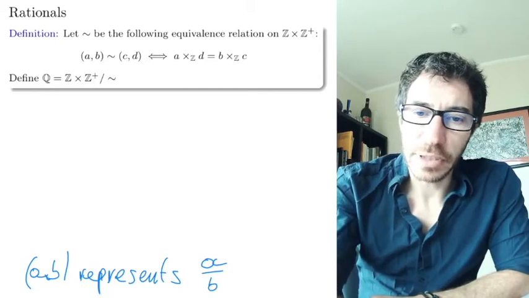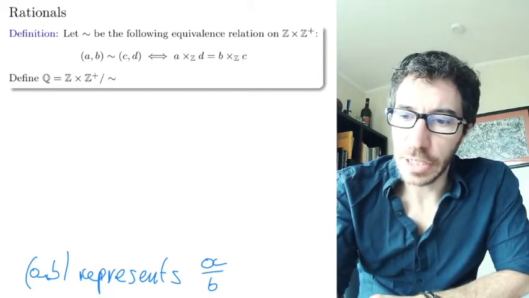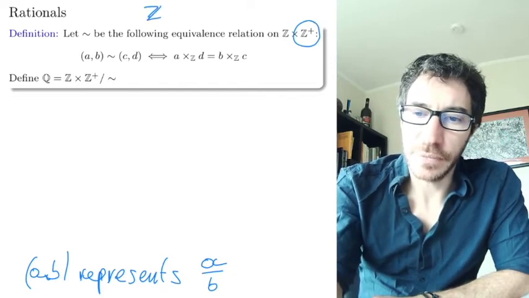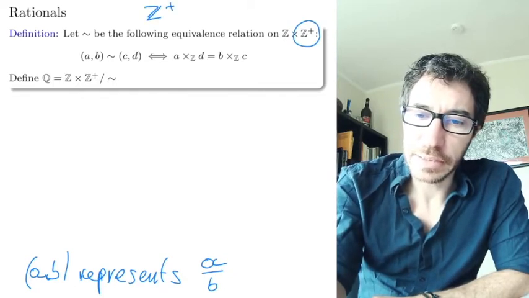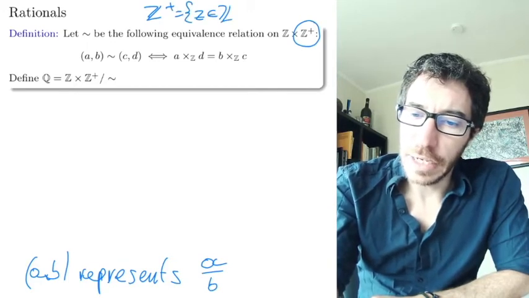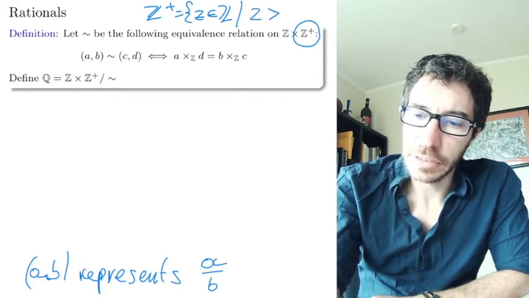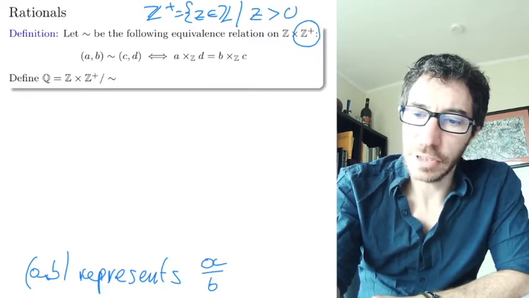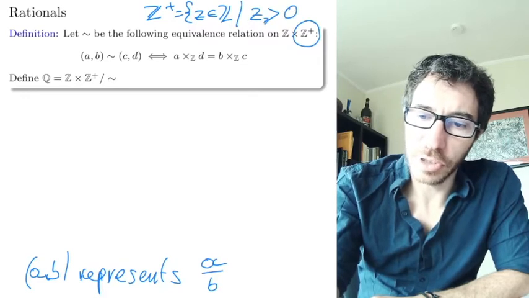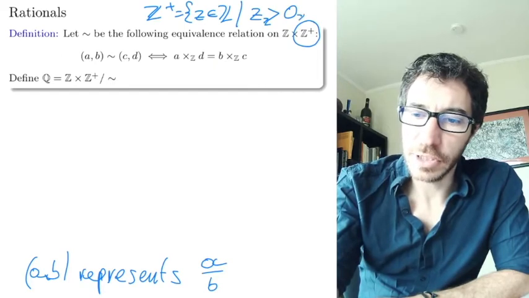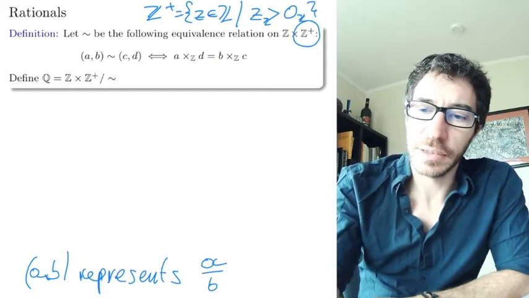One thing to comment is that here we are using Z plus. Z plus is the set of all z that belong to Z, which we have defined so far, such that z is greater than 0. By greater, I mean greater in the order we defined last time, and by 0, I mean the 0 of the integers we defined last time.